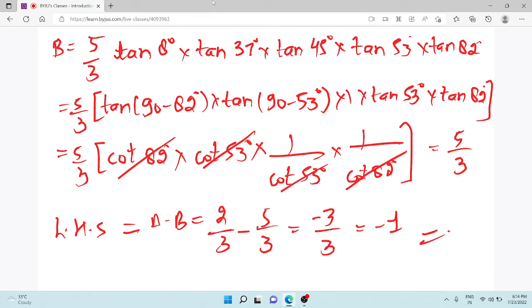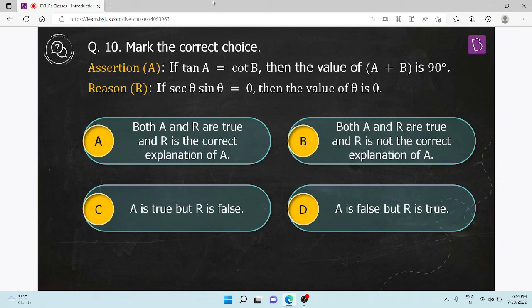In the next question, two statements are given to us: assertion and then its reason. Assertion is given as: if tan A is equal to cot B, then the value of A plus B is equal to 90. But what do you think? Is the assertion true or false? Only the first statement.